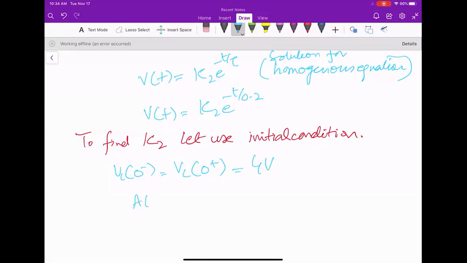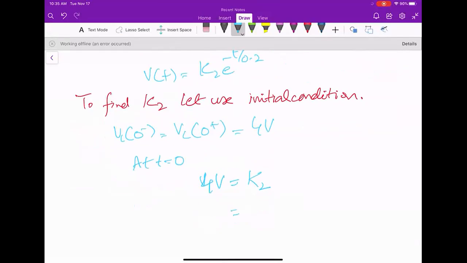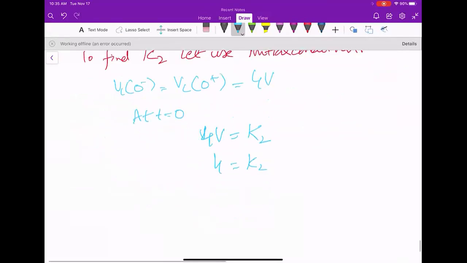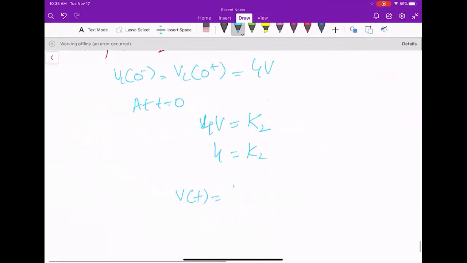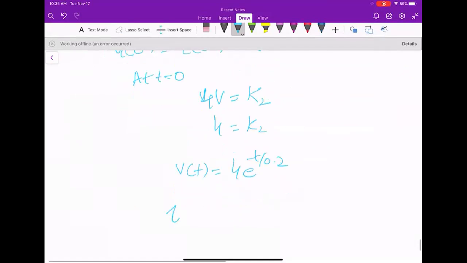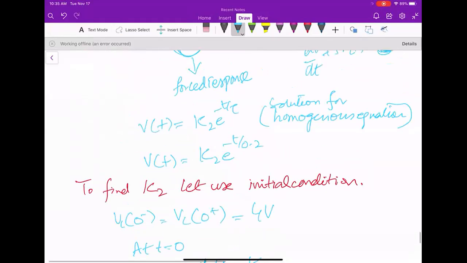So at t equals 0, I will write it as 4 equals K2, right? And this would be 1. So this K2 is equal to 4. So my V of t is equal to 4e to the minus t by 0.2. But that's not what we need to find. We need to find I of t, right? So I of t is what?